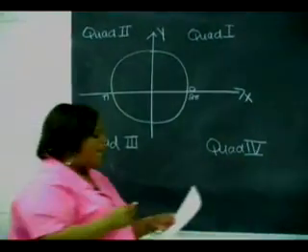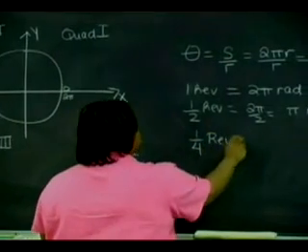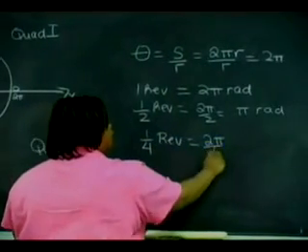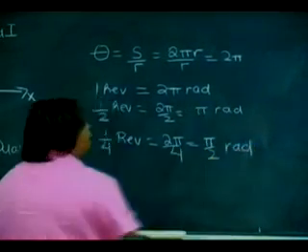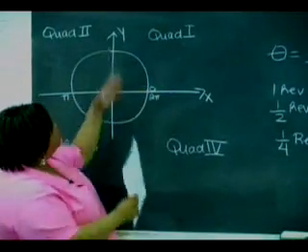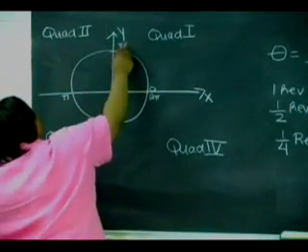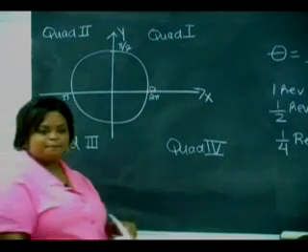Okay? How about 1/4 of a revolution? It's going to be my 2 pi divided by 4, which is pi over 2, right? So I go 1/4 of the way. That represents pi over 2 radians.